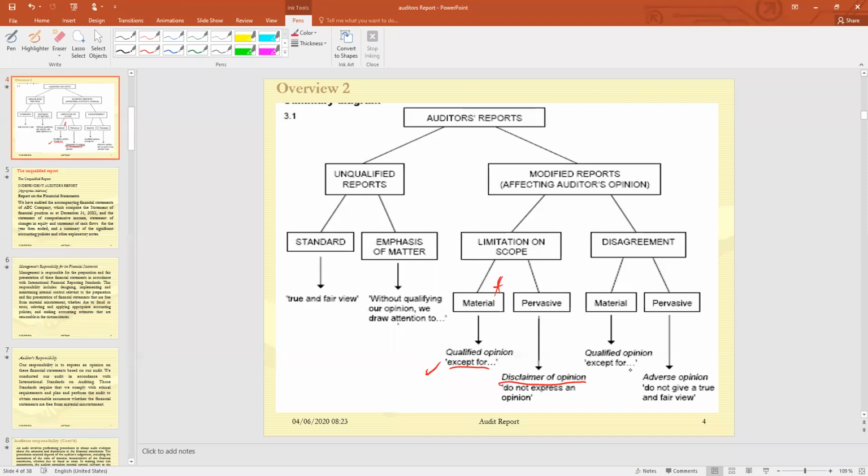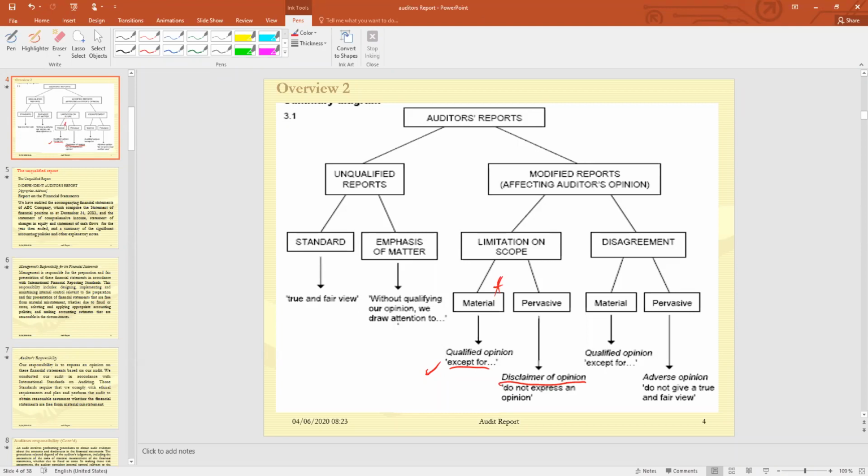If the potential impact on the depreciation is going to be material, don't forget it is potential misstatement, if there will be misstatement that could result because of that disagreement on the useful life of the asset, and the potential impact is material but not pervasive, then you issue a qualified opinion, what we refer to as the except for. The qualified opinion, which is referred to as the except for.